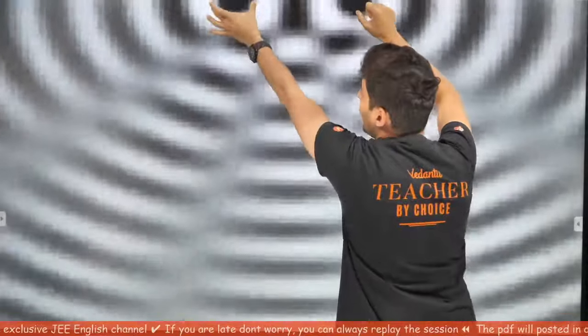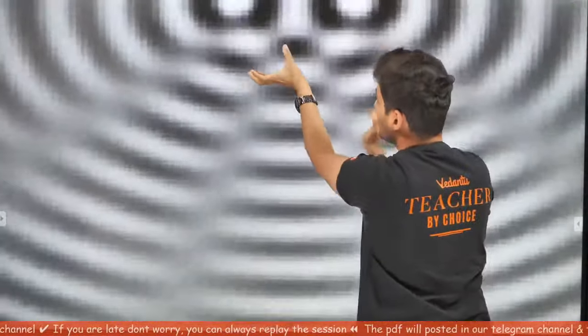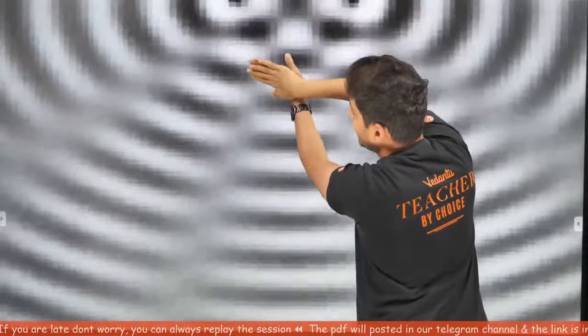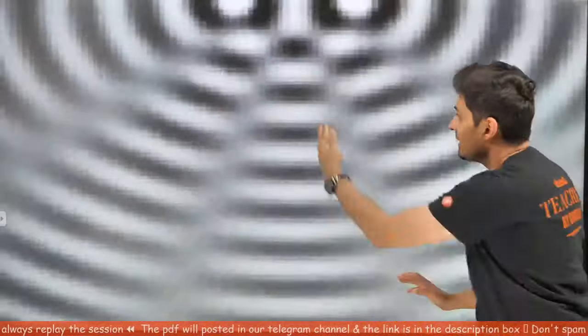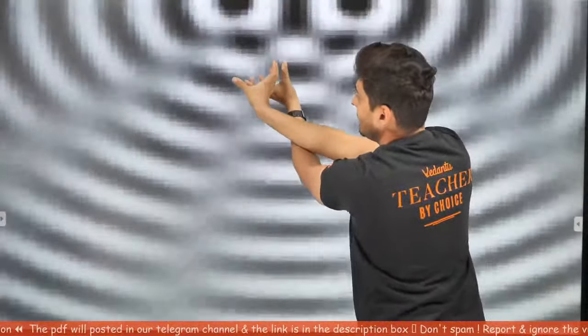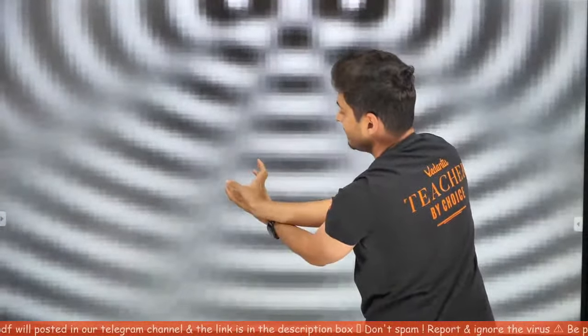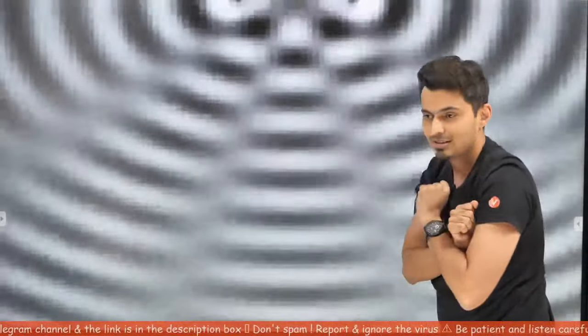But do you see over here in this region and in this region, the crest from here and the trough from here arrive, they nullify, they create a destructive interference pattern. So these lines over here are the regions where the crest and the trough arrive together. They are creating a nullifying effect, which is destructive interference.